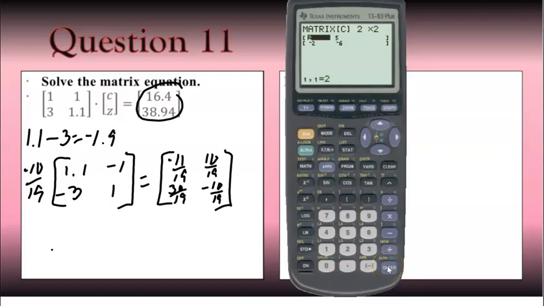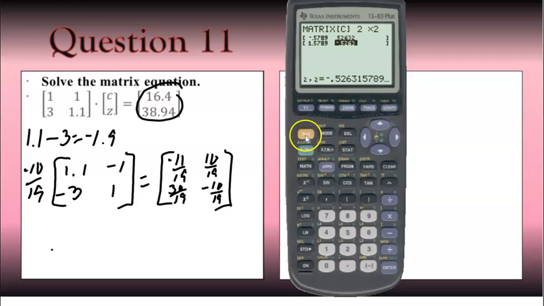We're going to type these in. So this is a -11 divided by 19. Next one's a 10 divided by 19. Then we got 30 divided by 19. And then we have a -10 divided by 19.